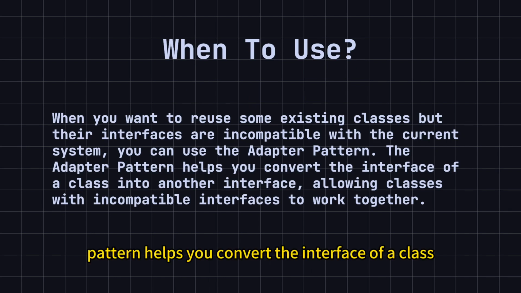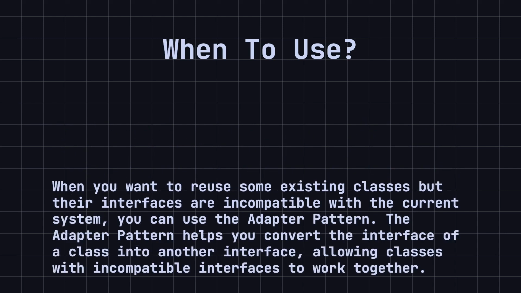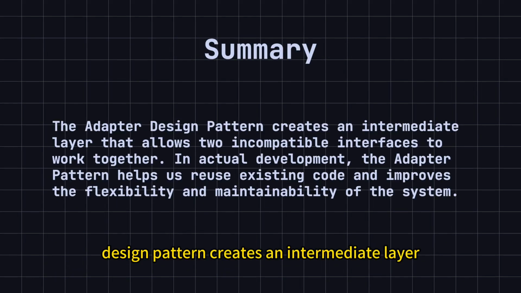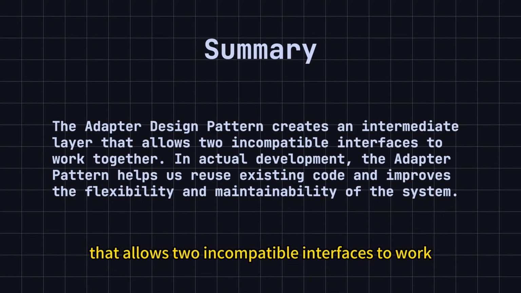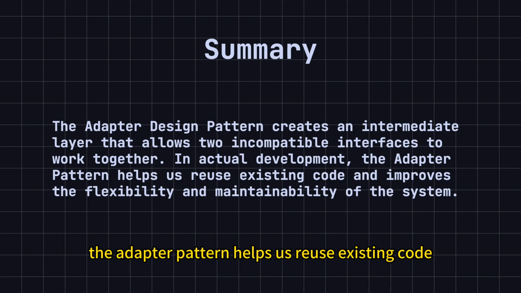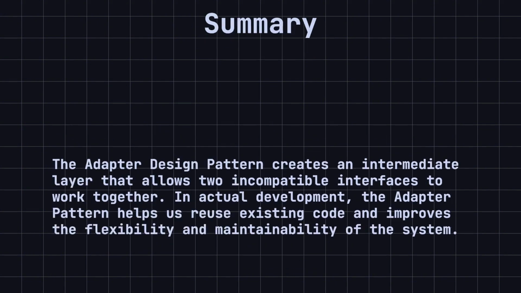The adapter pattern helps you convert the interface of a class into another interface, allowing classes with incompatible interfaces to work together. To summarize, the adapter design pattern creates an intermediate layer that allows two incompatible interfaces to work together. In actual development, the adapter pattern helps us reuse existing code and improves the flexibility and maintainability of the system.